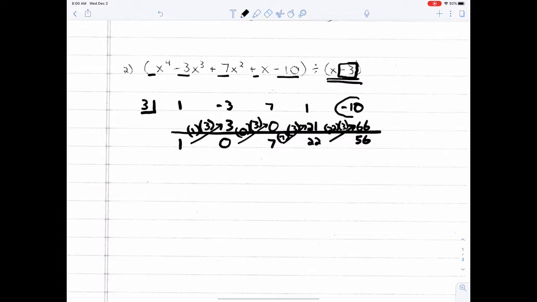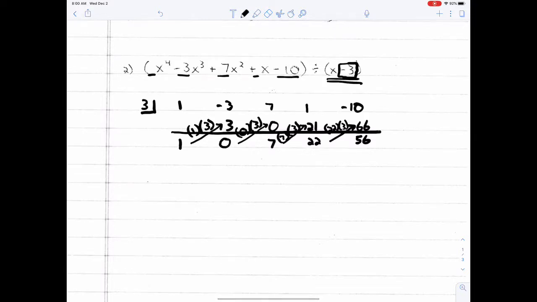Then you take the negative 10 and add it to the number underneath it. Okay? Now we have to put the variables back into the problem. Again, since the original problem was x to the 4th, we're going to start with a number just 1 less than that, so we're going to start with x to the 3rd.